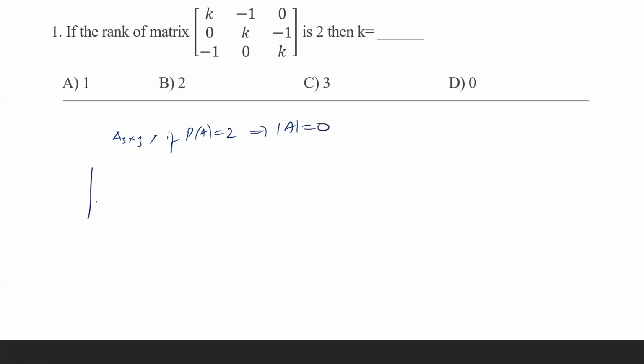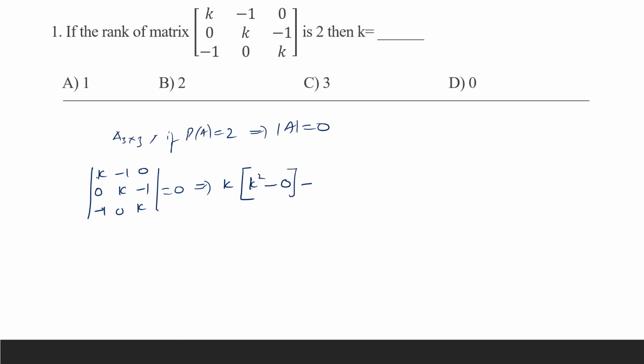Now we need to just evaluate the determinant of this matrix, and by equating that to 0, we can calculate the value of K. This is the matrix given, and I'm equating its determinant to 0. I'm evaluating the determinant about the first row. So you'll get K times, leaving first row and first column, K square minus 0 into minus 1, which is 0 only.